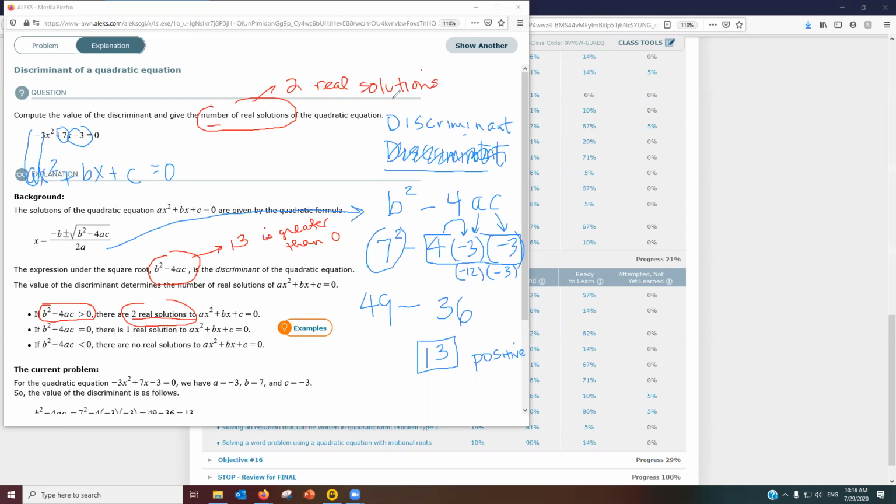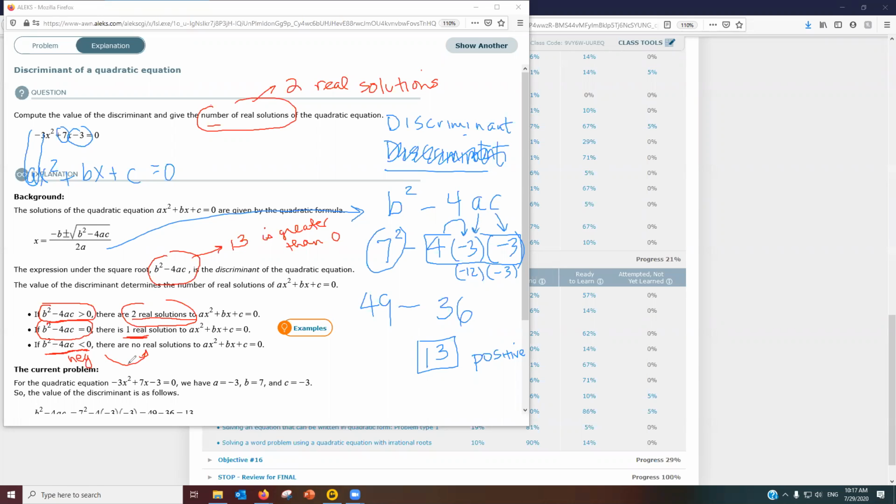What if I worked out this discriminant and I got the answer 0? Well, here it says, if b squared minus 4ac turns out to be 0, your conclusion is there's 1 real solution. And what if b squared minus 4ac is less than 0? That means negative. Well, that means there are no real solutions because they're going to be complex solutions.